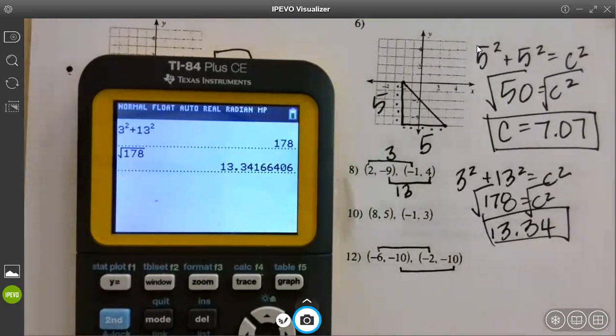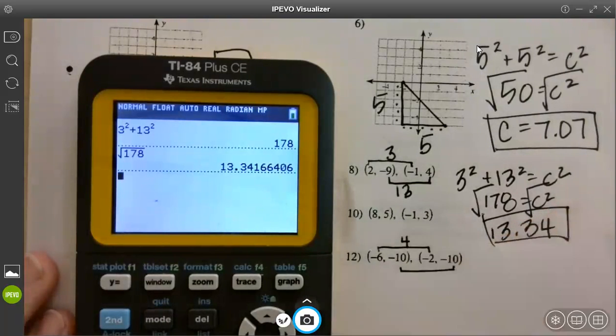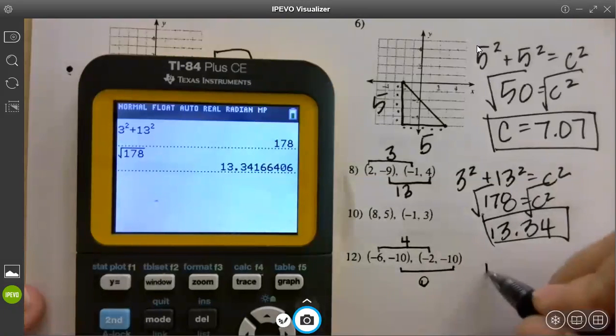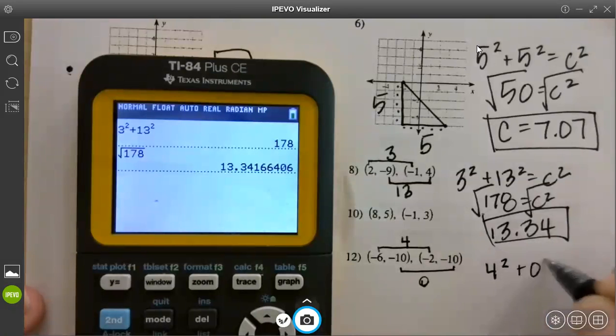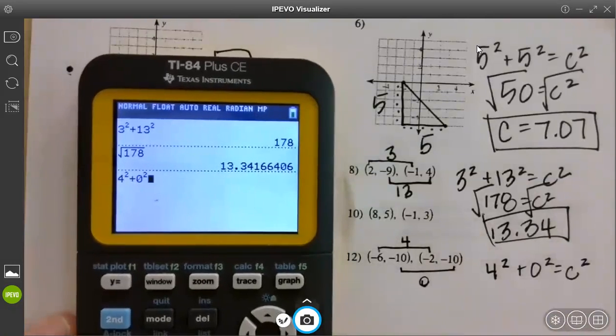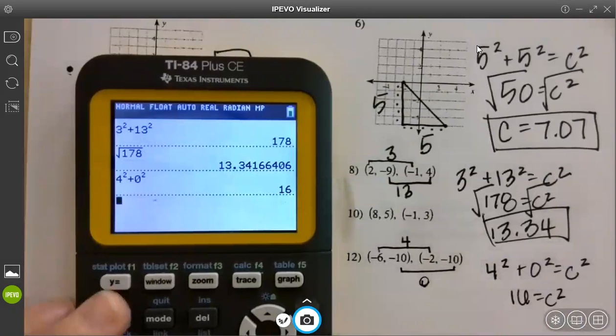All right, how far is it from negative 6 to negative 2? 4 units. Negative 10 to negative 10? 0. So you can just leave it like that. 4 squared plus 0 squared equals c squared. Use your calculator. That gives you 16 equals c squared.